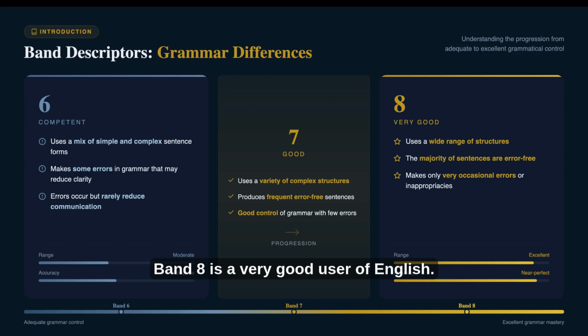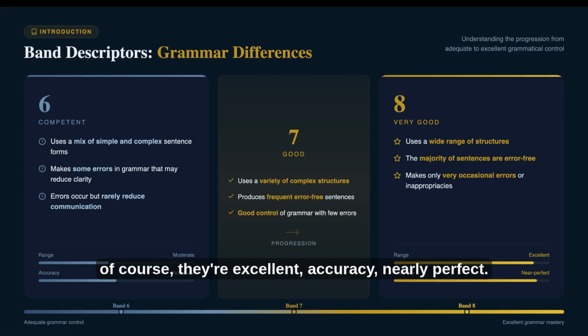Band 8 is a very good user of English. They tend to use a wide range of structures. So the majority of the sentences are error-free, no mistakes. They make only very occasional errors or mistakes or inappropriacy in their sentence structure. So if we look into the range, of course, they're excellent, and accuracy, nearly perfect.